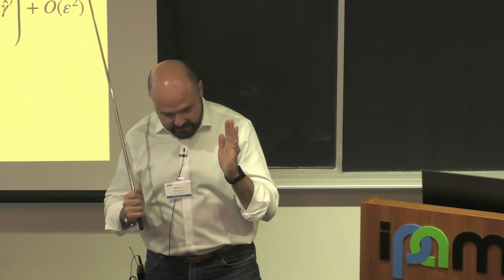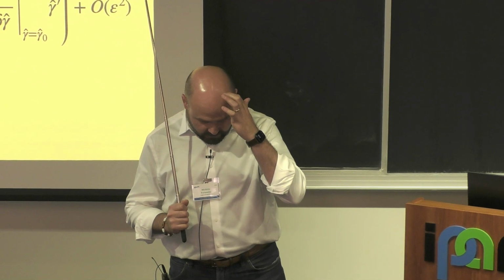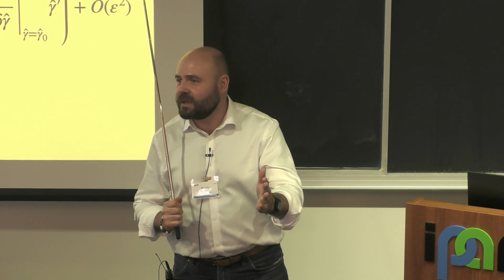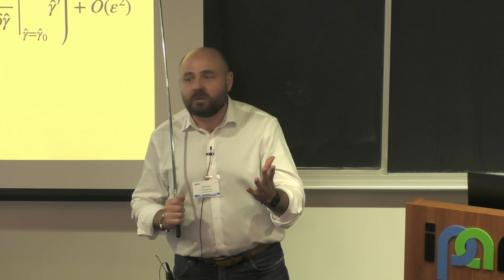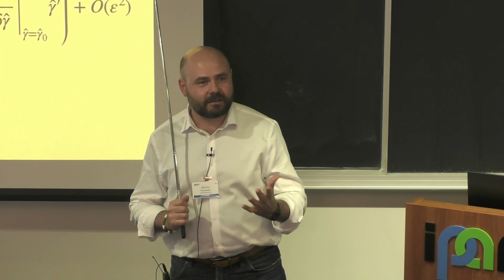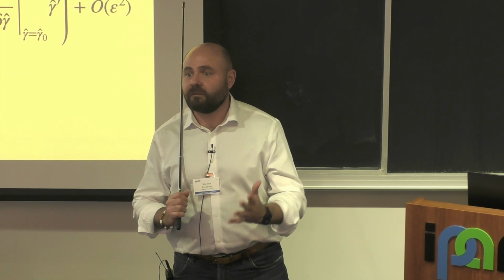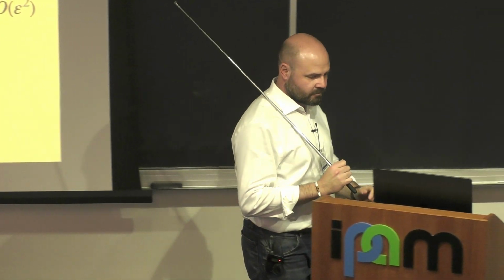So in some sense, maybe the idea of this slide is to say that for RDMs, maybe even 2 RDM, maybe machine learning is the way to go and not a variational search.